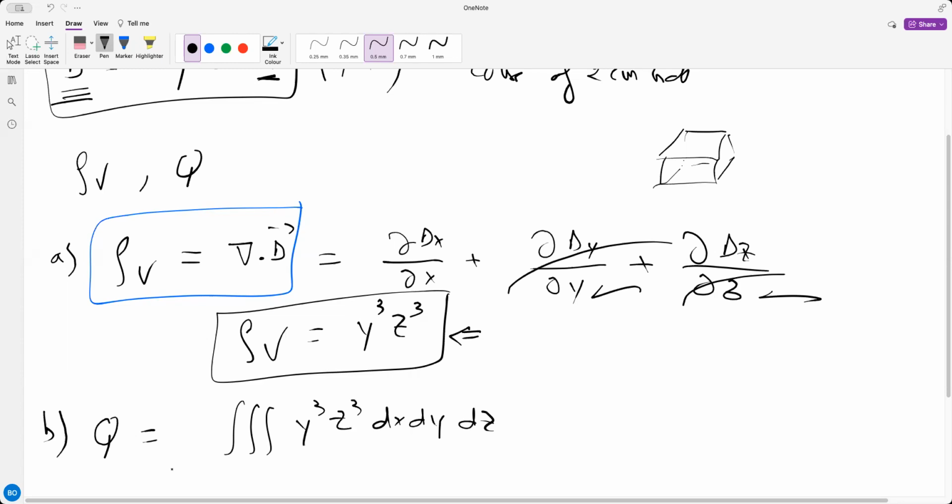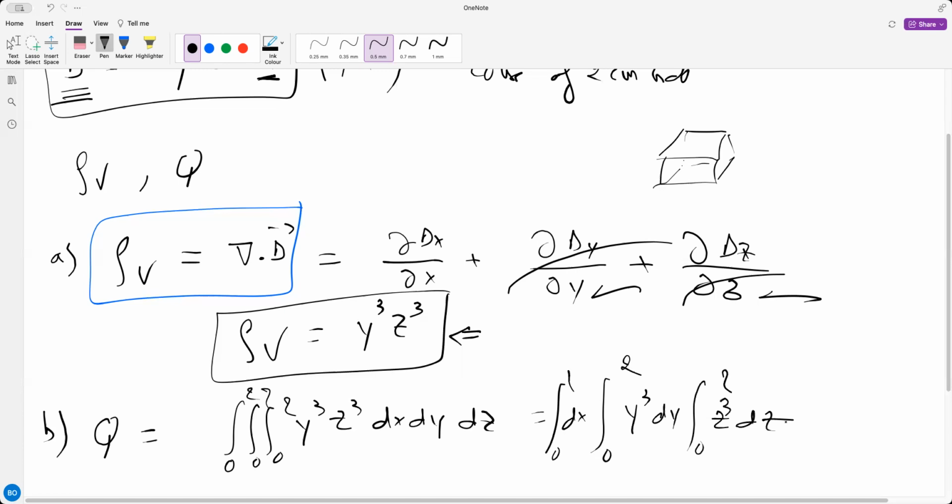And since the cube is 2 centimeters, you just go from 0 to 2, 0 to 2, 0 to 2. So this will give you the integral from 0 to 2 of y dy, 0 to 2 dx, and 0 to 2 dz. Okay, and then you can easily see that it is equal to 32 Coulomb. It's a big charge.